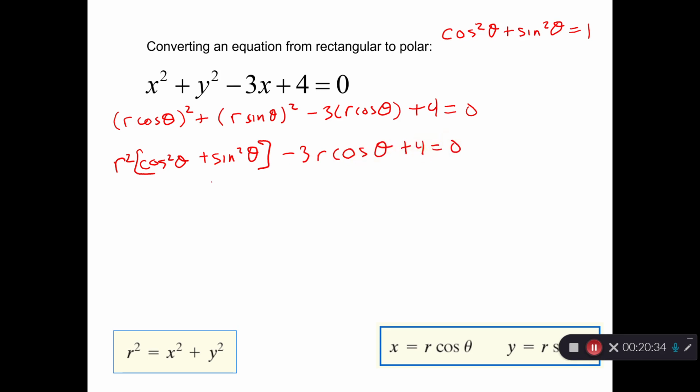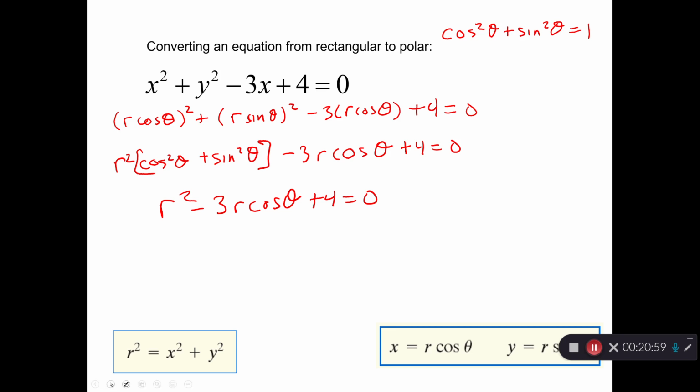Hopefully you got this far. Now if I use that identity, I wind up with r squared minus 3r cosine theta plus 4 equals 0. Once I have eliminated all of my x's and y's and replaced them all with r's and thetas, I'm done. There's not necessarily anything more you need to do with this.